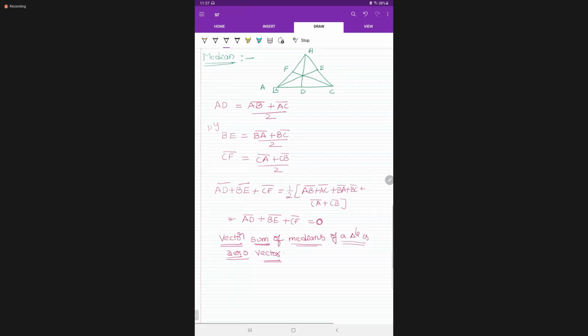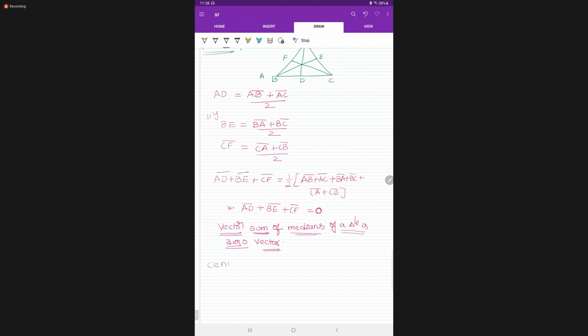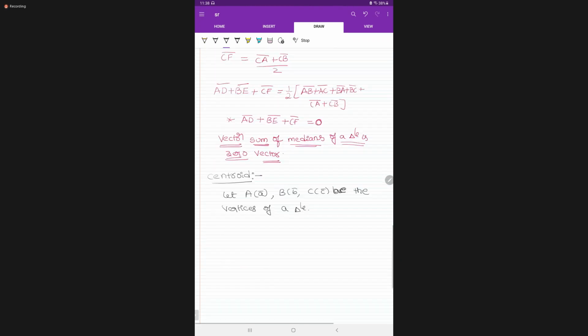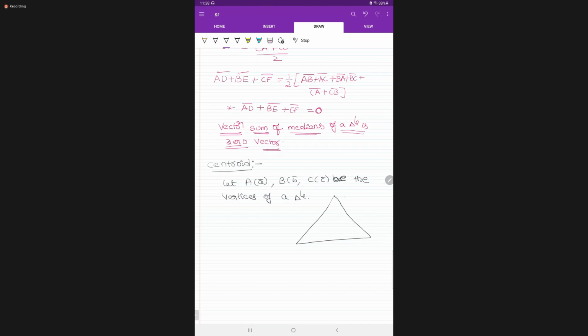Next, centroid. Let A bar, B bar, C bar be the vertices of a triangle ABC.